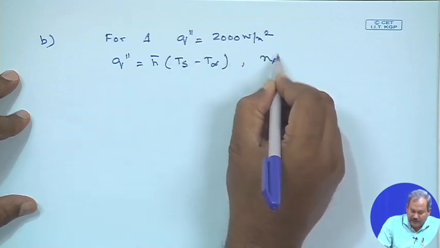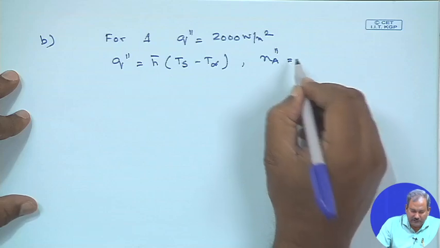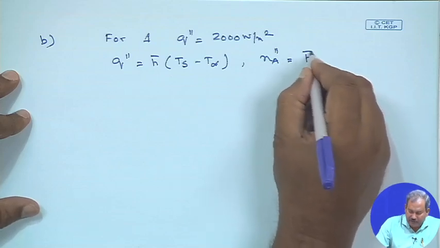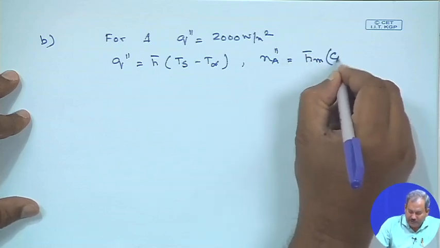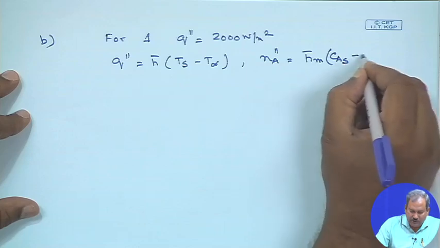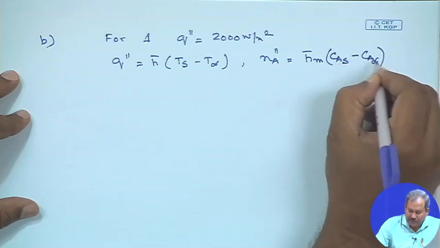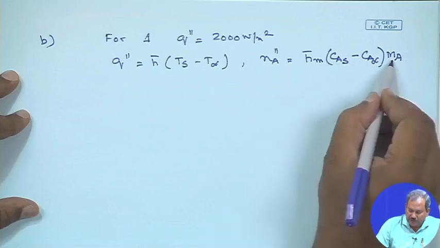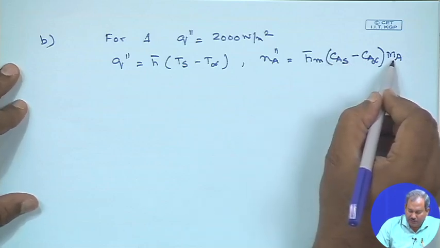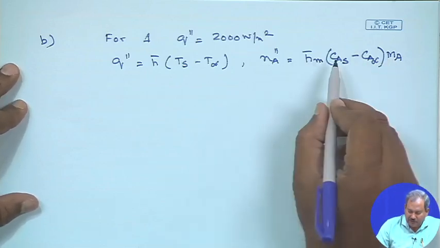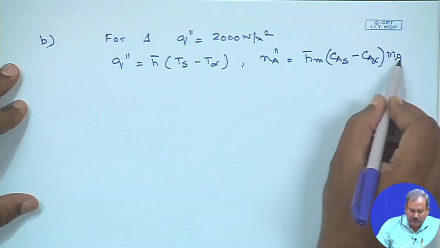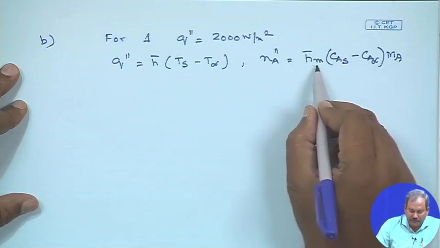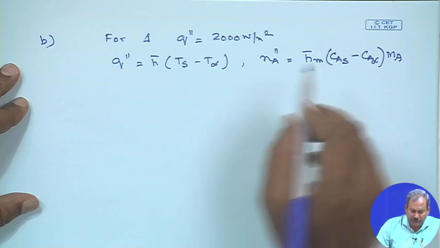And in N A double prime, the mass flux would simply be equal to H bar m times, in terms of concentration, the molar concentration minus C A infinity. Since it is molar concentration, in order to change it to the mass form, I simply multiply it with the molecular weight. So, this is mass flux, molar concentration, molecular weight, and this is the average value of the convective mass transfer coefficient.